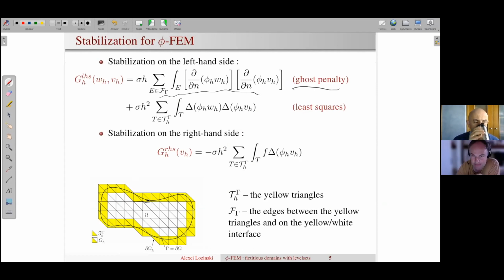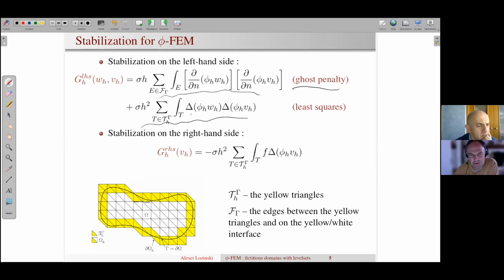But there is one technical modification. In the original CutFEM ghost penalty, usually if you use finite elements of degree k, then you should penalize the derivatives of all the orders up to k. Here you see, what we do, we penalize only the first order derivatives, and we add a kind of least squares, also grad div stabilization.